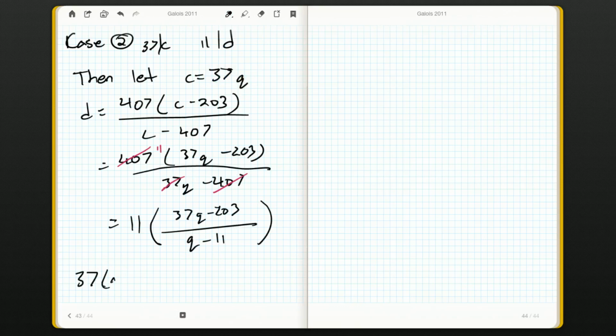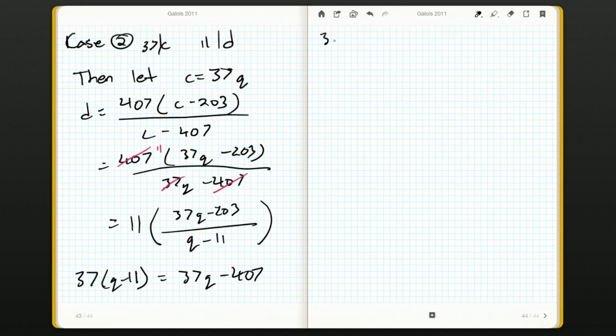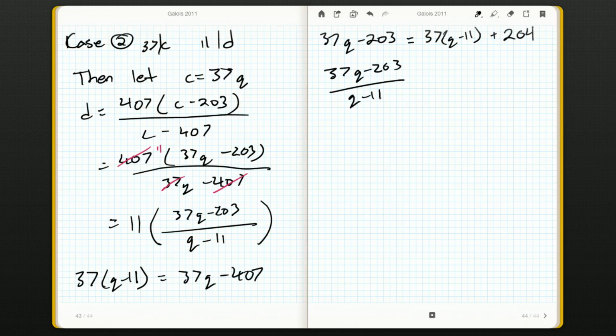So 37 times q minus 11 is 37q minus 407, giving us another difference of 204. So what we want is 37q minus 203 over q minus 11 to be an integer. So that's 37 plus 204 over q minus 11.